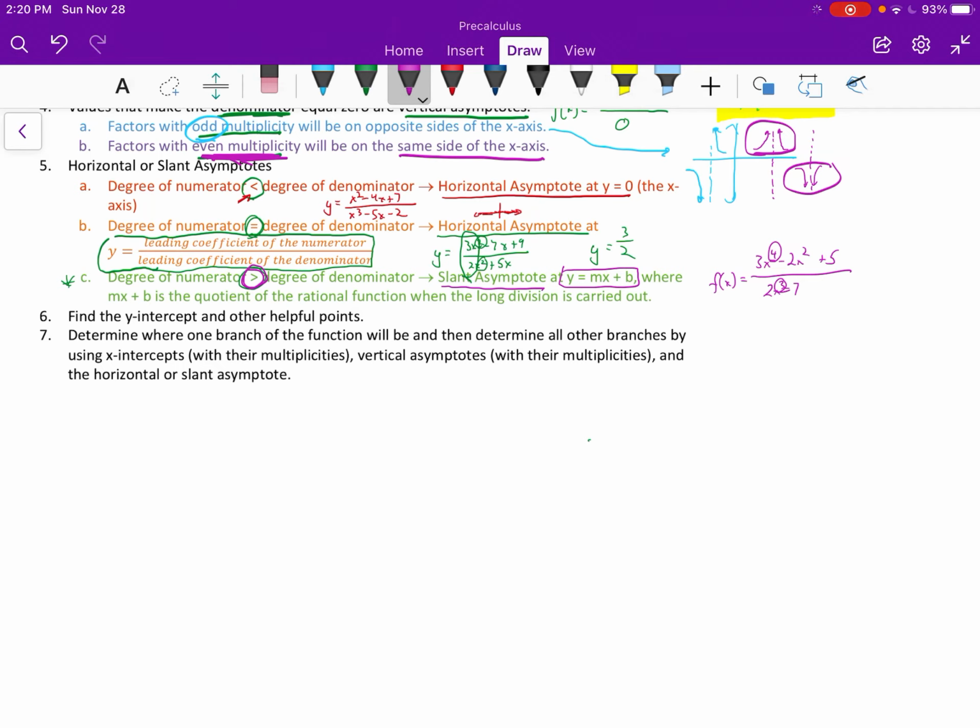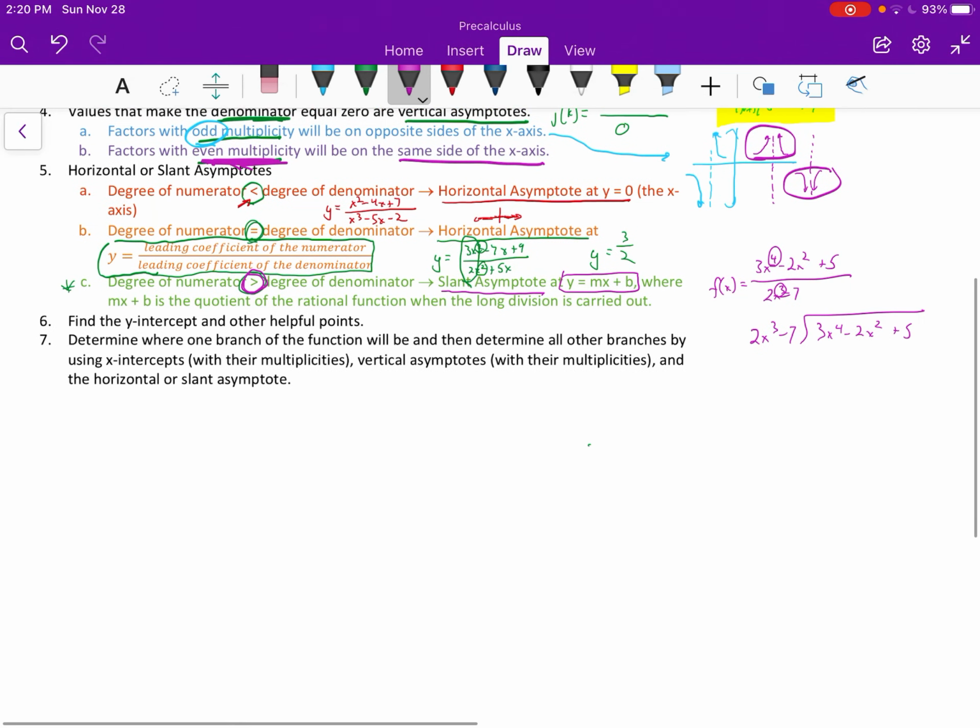Well, where does that line come from? It actually comes if we were to do long division. If we were to divide this, we're doing an x cubed into an x to the 4th, we would get some mx plus b here.